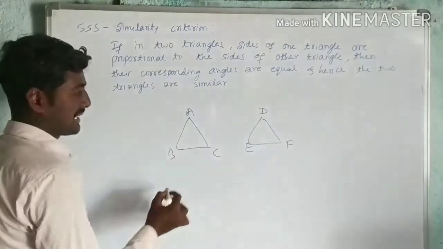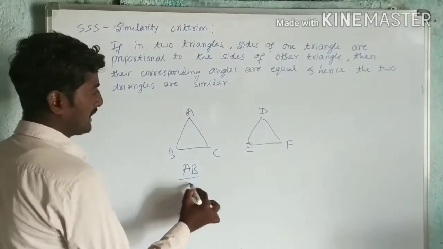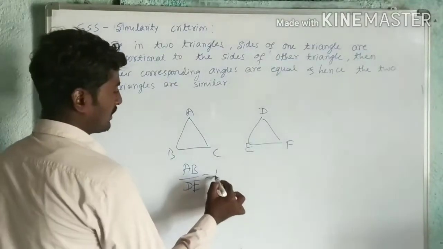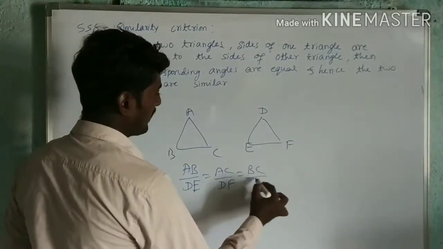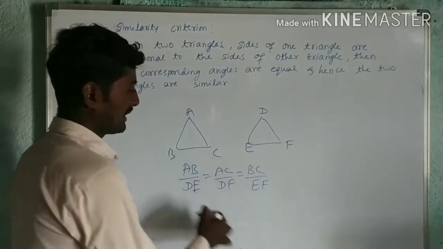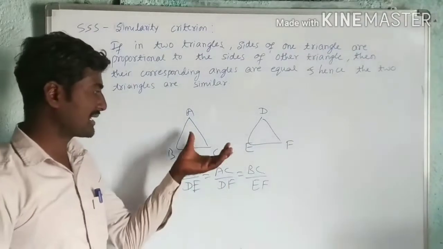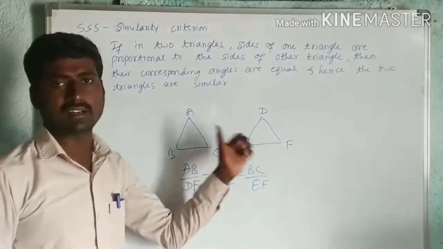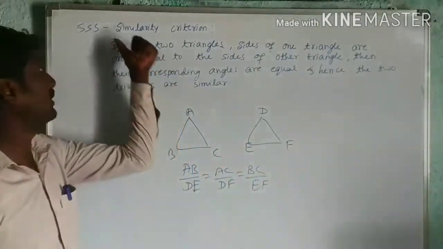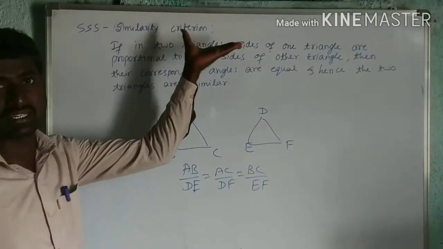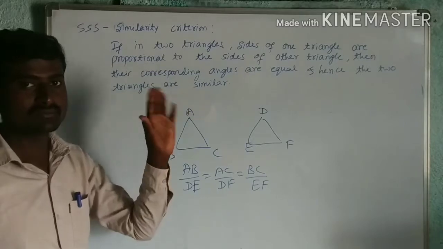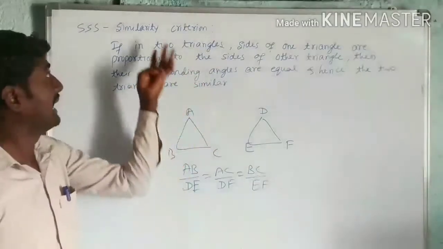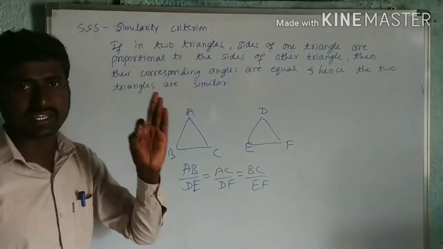Corresponding sides are in the same ratio, meaning AB divided by DE is equal to AC divided by DF is equal to BC divided by EF. So they are in the same ratio, then automatically you can say that these two triangles are also similar. So this is the SSS similarity criterion. You must know the statement also, for SAS and SSS similarity criterion.